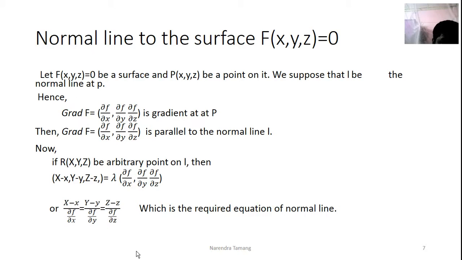And from this we can write that (x minus x1) divided by df by dx equals (y minus y1) divided by df by dy equals (z minus z1) divided by df by dz, which is the required equation of normal line.